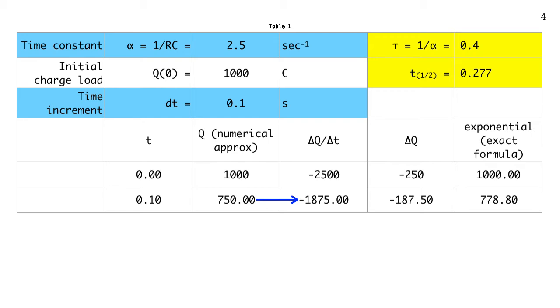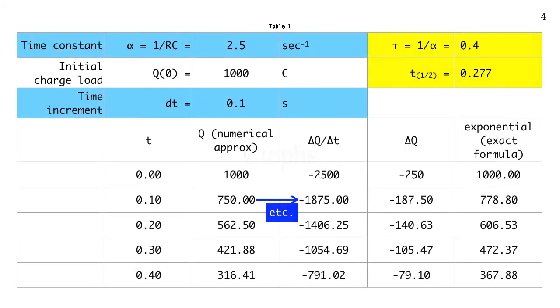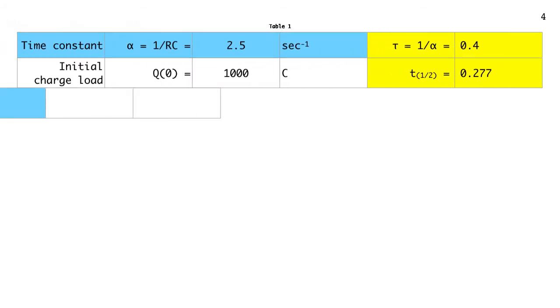Multiply that by 0.10, and you get negative 187.5 for your delta Q, etc., etc. So you just start calculating away, and the spreadsheet does it, and then you start graphing it.